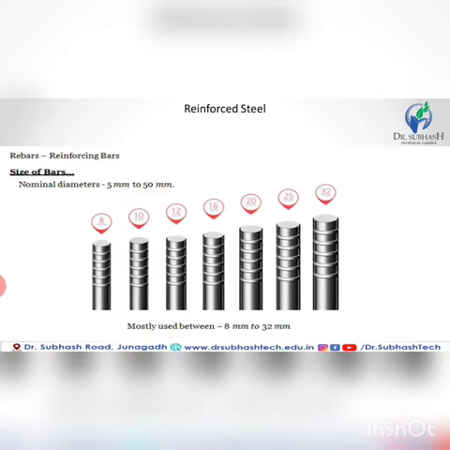They are used as stirrups in beams, lateral ties in columns, and distribution steel in one-way slabs. Modulus of elasticity of mild steel is taken as 2 into 10 raised to 5 Newton per mm square.